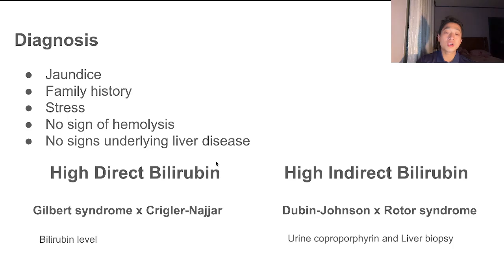And now, talking about the high direct bilirubin. This occurs in two conditions, Dubin-Johnson and Rotor syndrome.